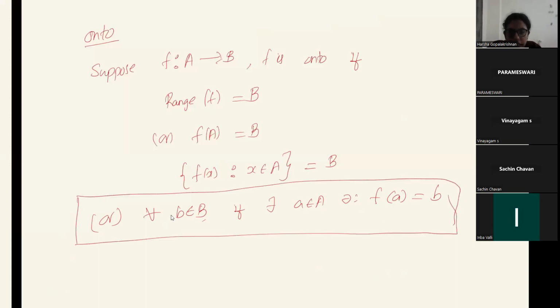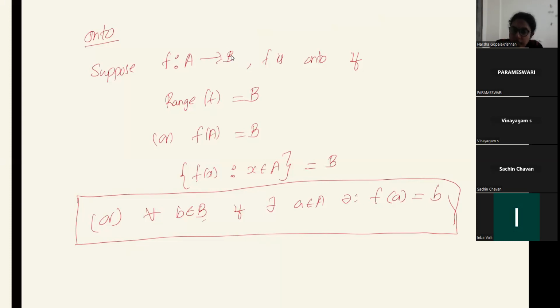Madam, does it mean that the domain A must completely utilize the B domain? That is onto. There should not be some element of B which is not mapped under f.